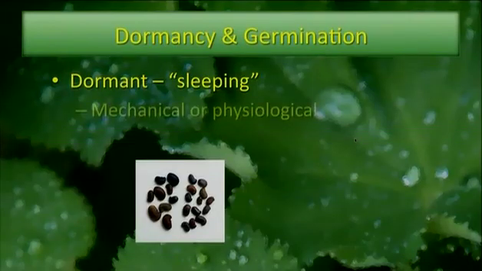So dormancy can be either mechanical or physiological. In terms of mechanical dormancy, you have inhibitors in the seed coat or inside the seed or in the fruit itself, like some desert plants. They need to be washed away in order for the seed to germinate.